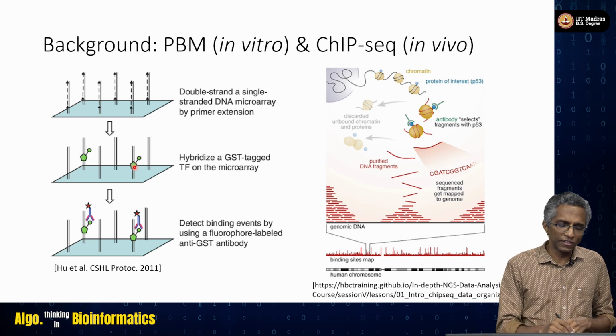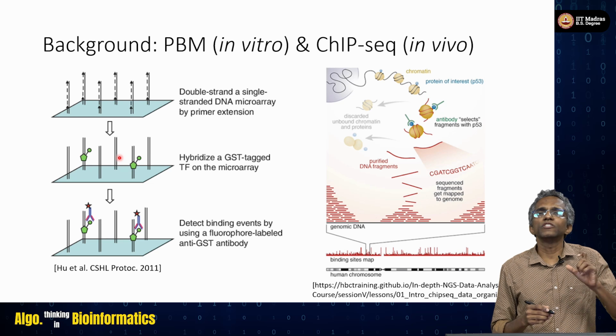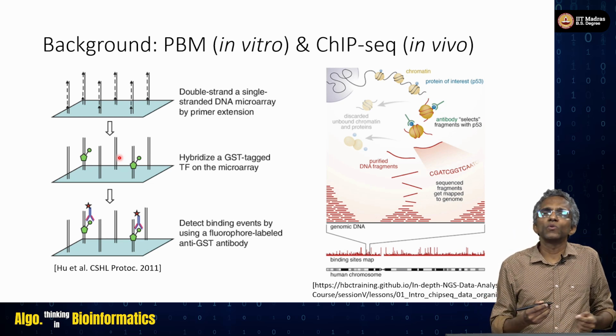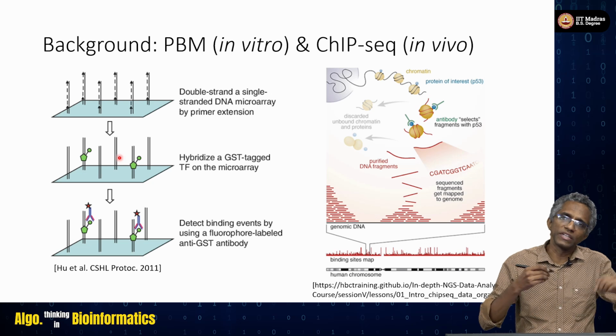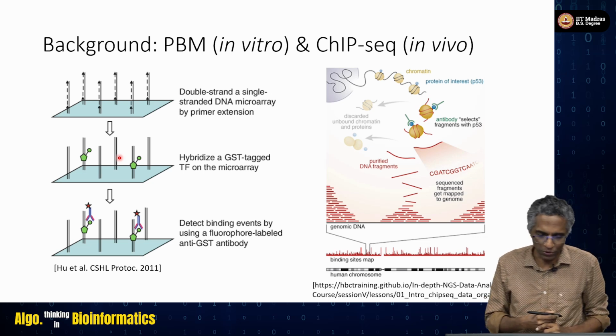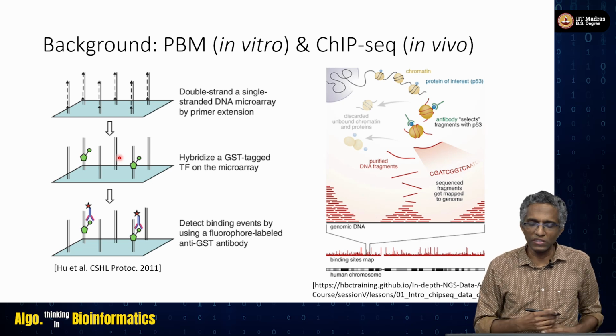Then you can attach some fluorescent proteins and look at which spots in the microarray light up, and using that you can figure out which DNA sequences the protein likes to bind to and which it does not like to bind to. All of this is done in a dish outside the organism, which is why it is called in vitro.